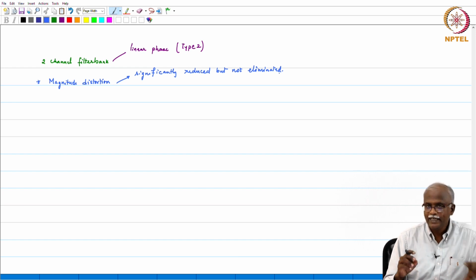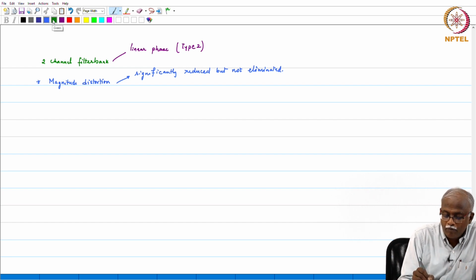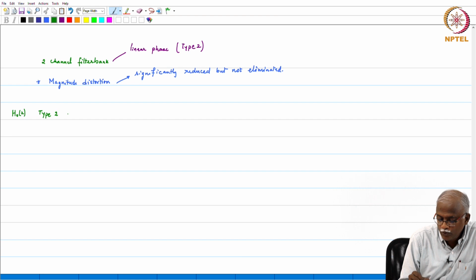But before that, I just want you to think about the constraints that we had posed. We had posed the constraint that it must be a type 2 on the constraint on H0 of Z. It must be a type 2 FIR linear phase.